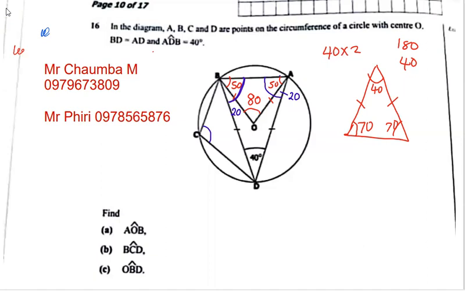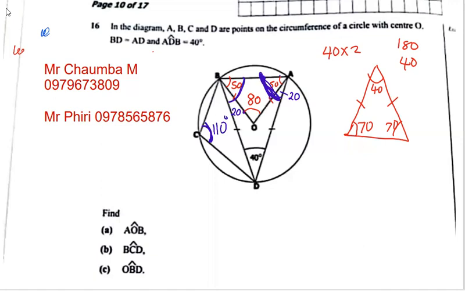So this angle here is opposite to this angle here. When we add these two, they are supposed to give us 180. So if that angle there is 70, then this one here should be 110, so that when we add them, they give us 180.